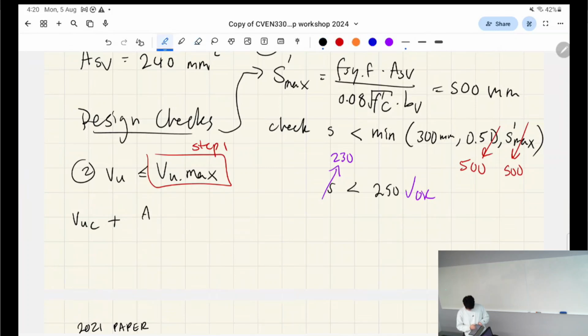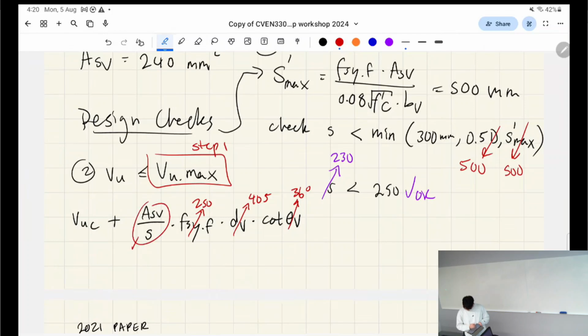VUS is the area of the stirrups over the spacing multiplied by the shear strength of the steel when used as a fitment, multiplied by the internal lever arm, multiplied by cot theta V. This is 36. This was 405. This was 250. This was 240 on 230. This was 91.125 times 10 to the 3.